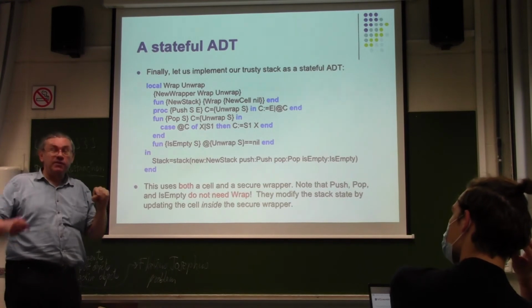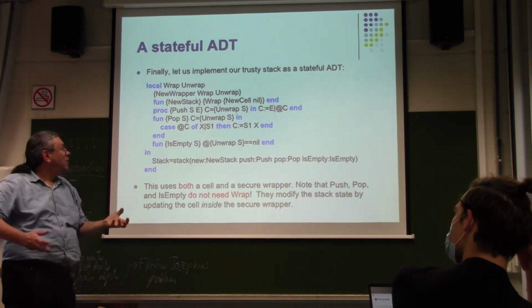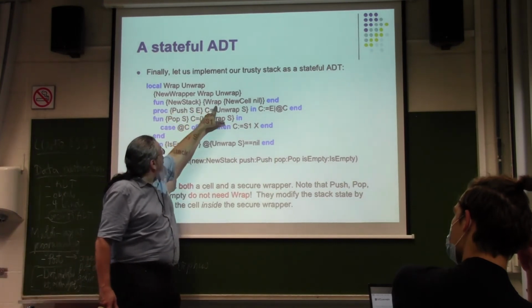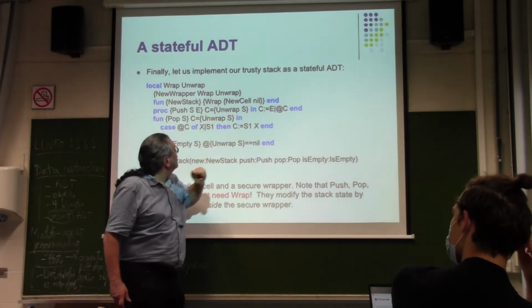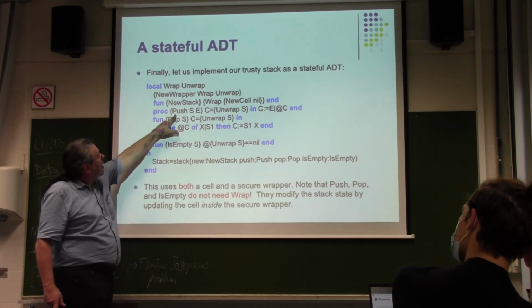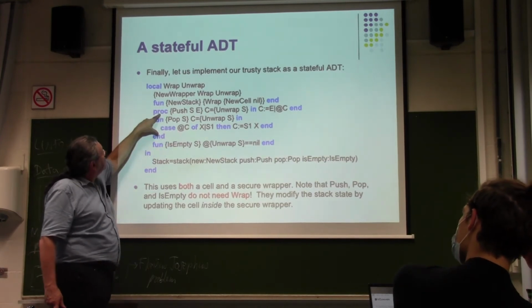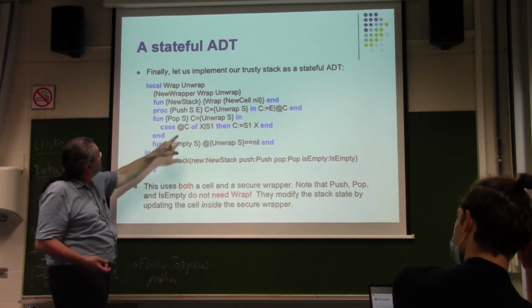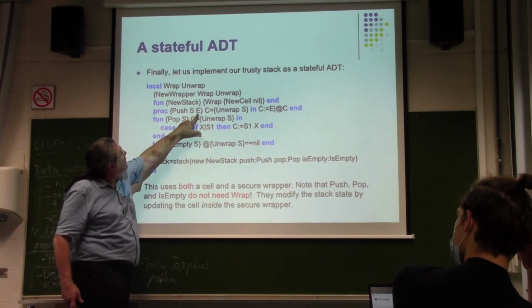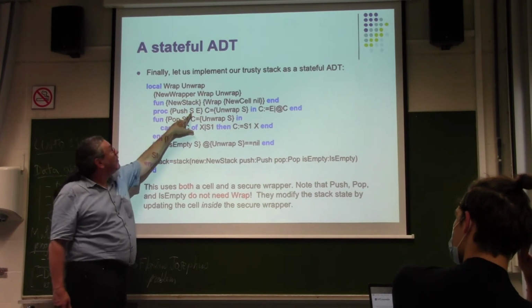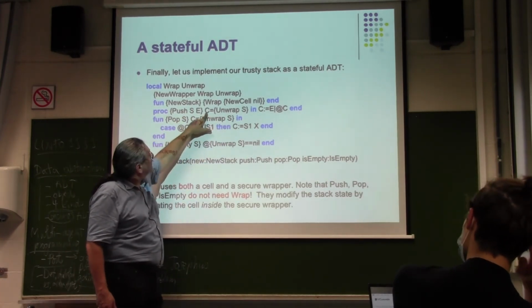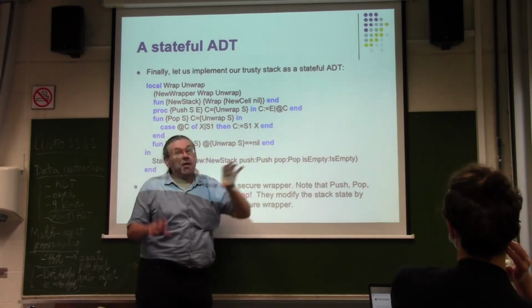It's a wrapped cell, in a sense. When I create a new stack, I do wrap of new cell. And when I do push, it's not a function, it's a procedure. I push an element E on the stack, S is the wrapped stack. I get the unwrapped, but it's a cell inside. Then I update the cell.